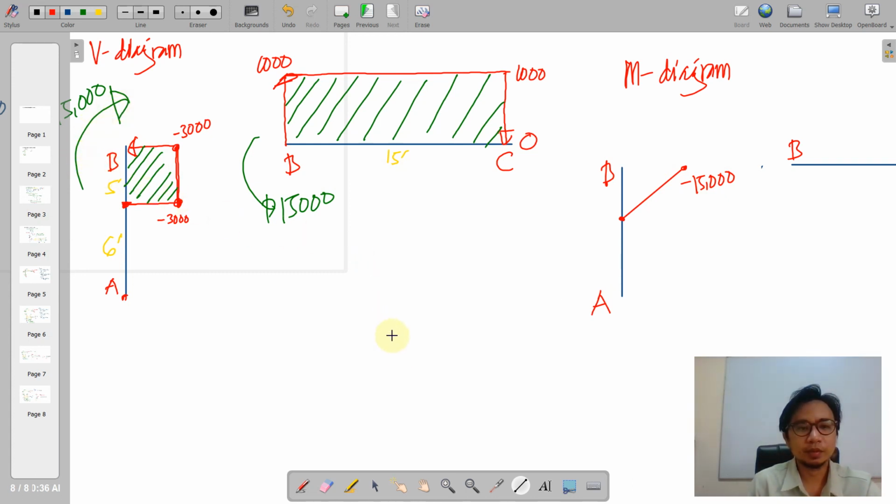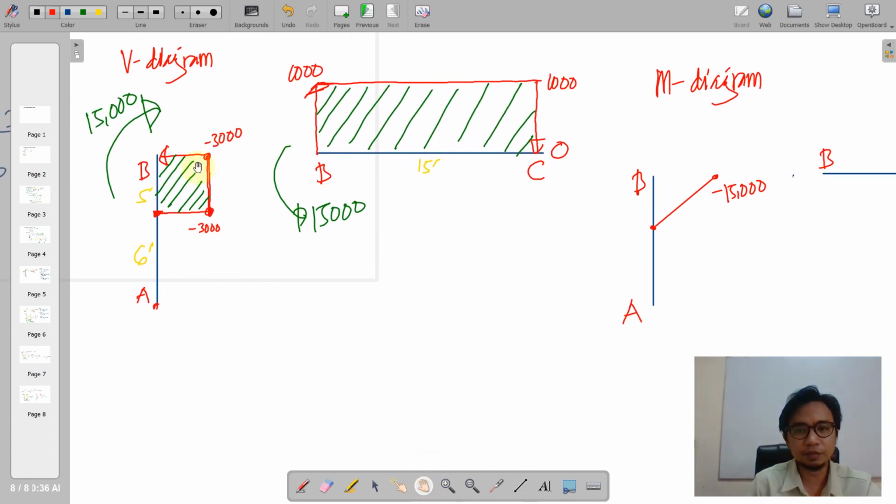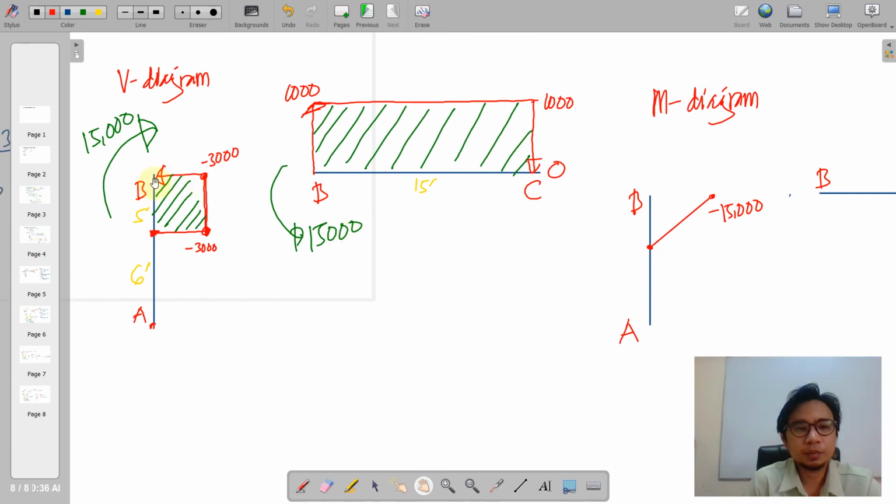So what is the effect of 15,000? That will be outward. Your fiber tends to have an outward effect.